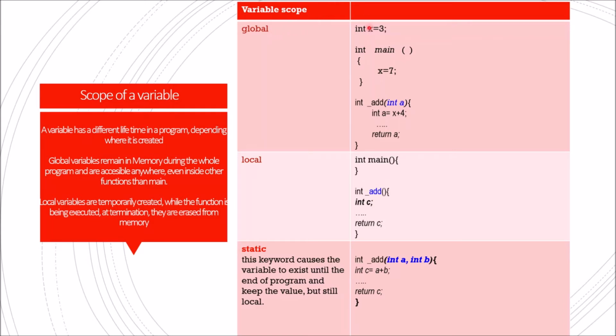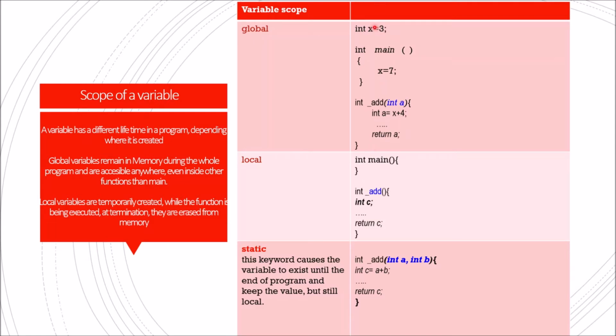We can have a global variable. It means that it is accessible from anywhere in the program and that it will be stored in memory during the whole program. It won't be erased at some time, just only when the program terminates, okay?